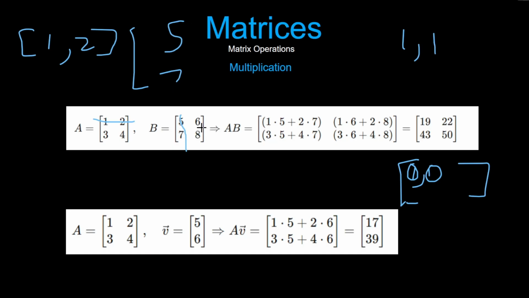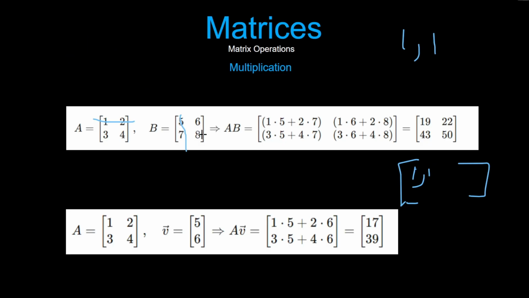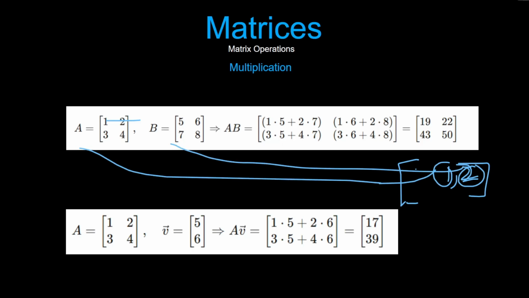So let's take the next one. The next position is this position, which is first row and second column. So we have to take the dot product of the first row in the first matrix and the second column in the second matrix. So this one corresponds to the first matrix and this one corresponds to the second matrix.